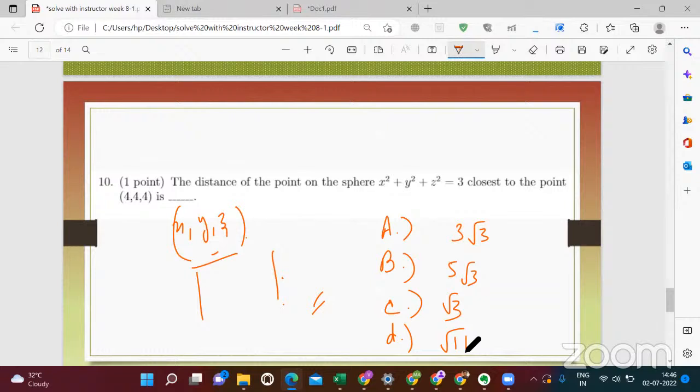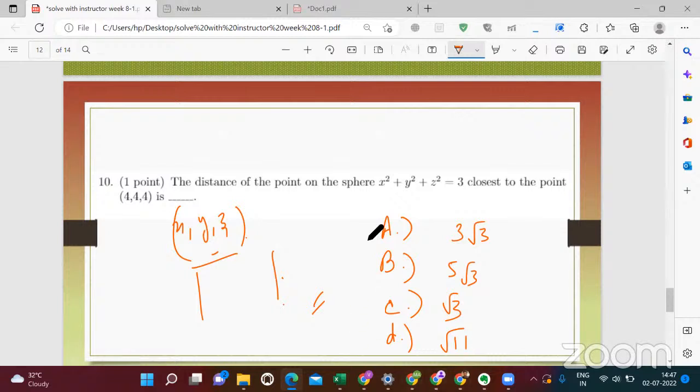Wait, I'll solve this. So I guess the minimum closest to the point is what it asks. So the minima is root 3 only, right? Yeah, so 3 root 3 is correct.